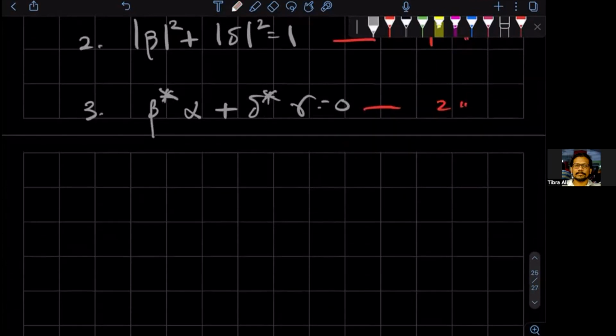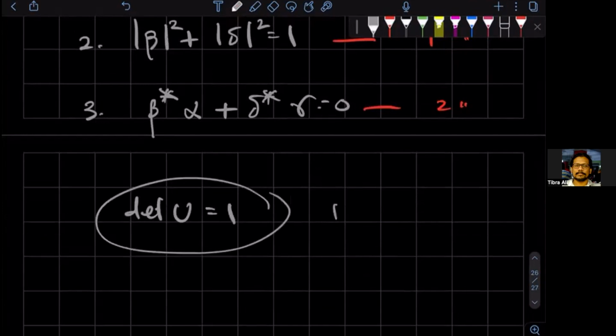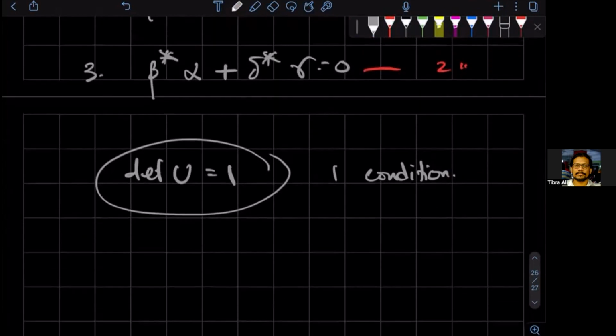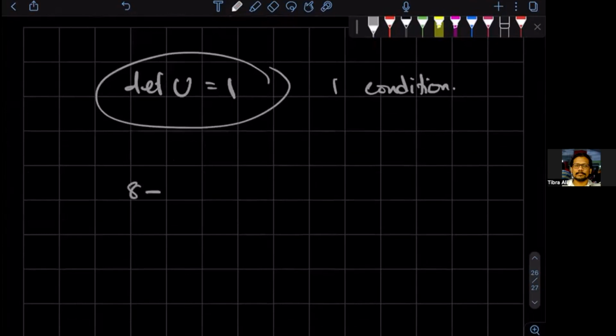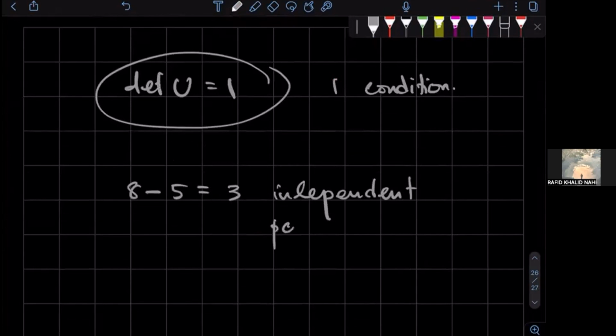In addition, we have determinant of U equals 1. This is one condition. You can show that to be one condition. And then you basically have 8 minus 5 equals 3 independent parameters. Sir, shouldn't it be 8 minus 4, since those 2 conditions are the same thing?